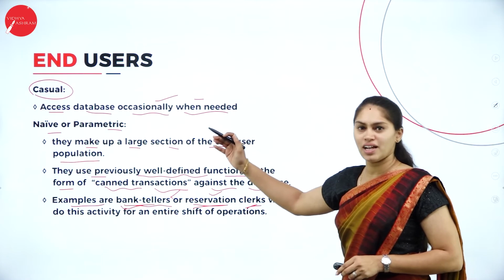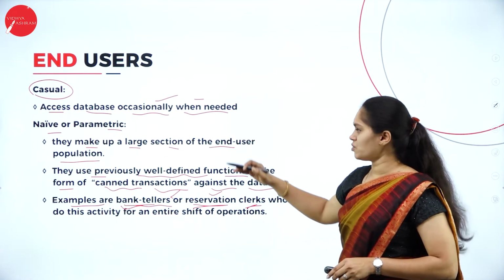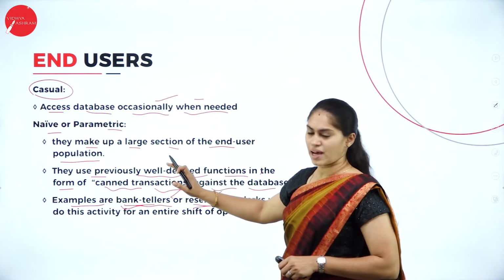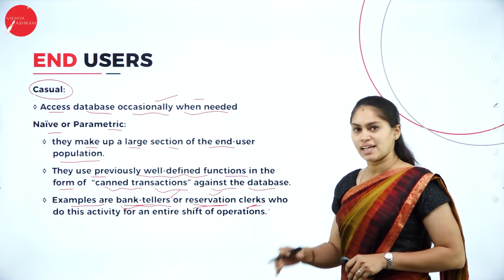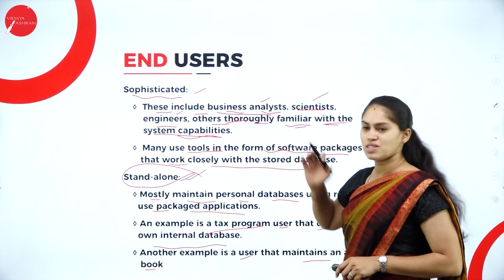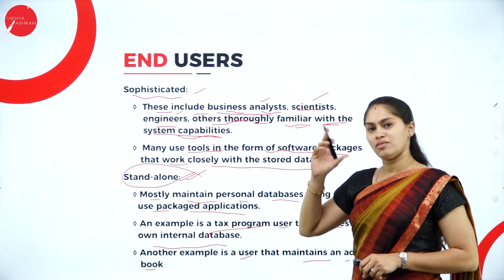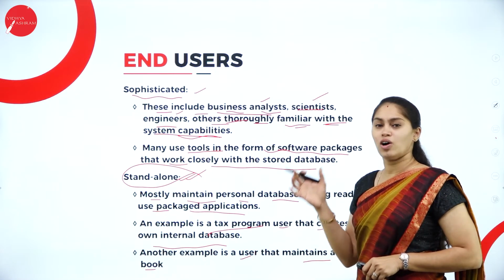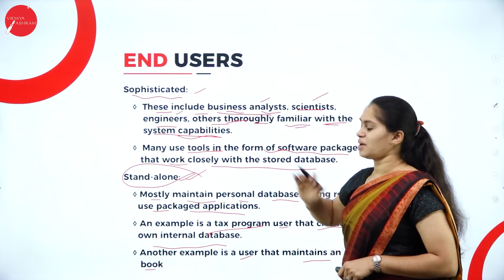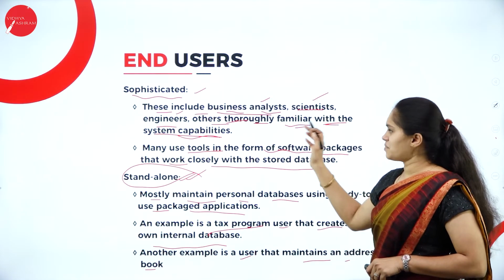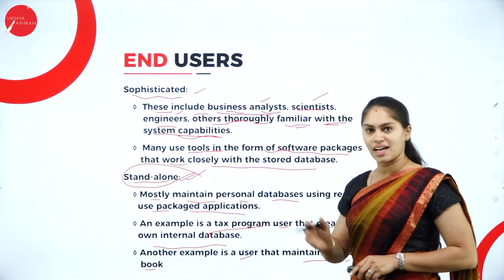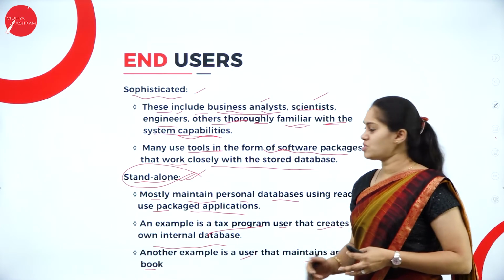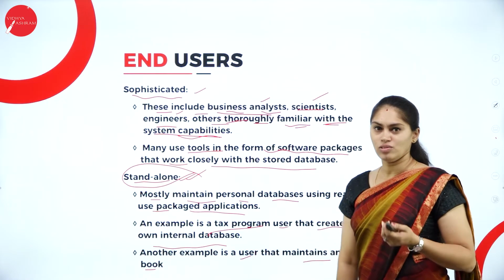We have casual end users, who use it occasionally, and parametric end users, who use it for a particular purpose, regularly. And also we have sophisticated users, higher-end users who know the capabilities of a system. And the people who use the database for their personal use will be considered standalone users.